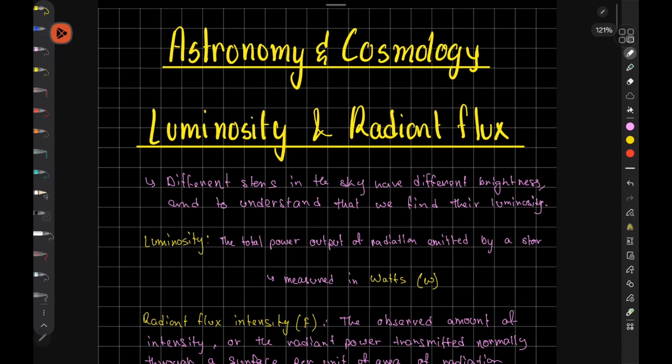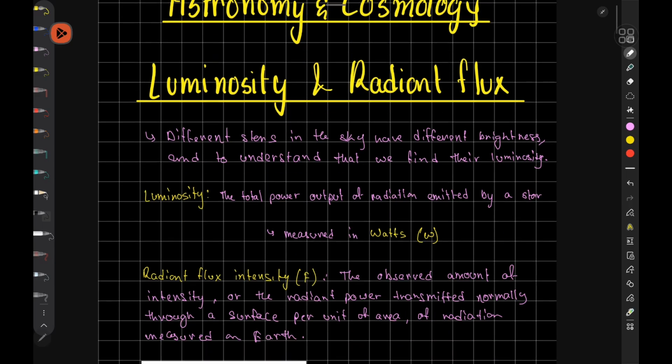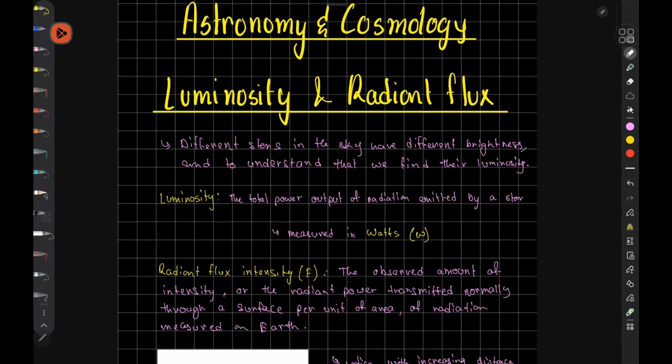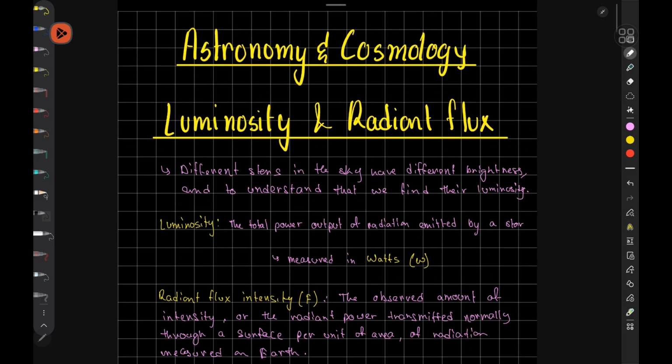So under astronomy and cosmology, the first thing that we're going to be focusing on is luminosity and radiant flux, or radiant flux intensity, right? So the thing you guys imagine when we talk about astrophysics or astronomy and cosmology is the big blank space that we have in the universe.